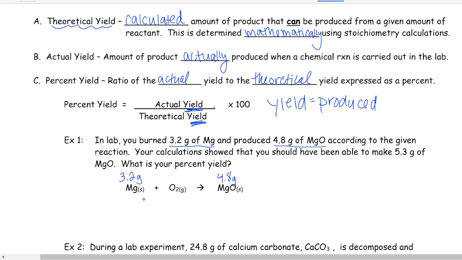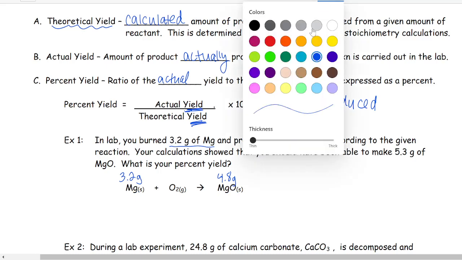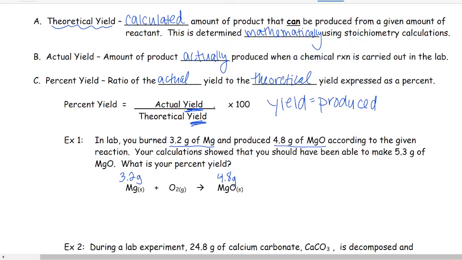Let's take a little step back and balance the equation. The coefficients would be just 2, 1, 2 to balance this one. So the reaction that is taking place is you're burning magnesium in lab, and you were given actual values for both of these. This is actual because it's what happened in lab.